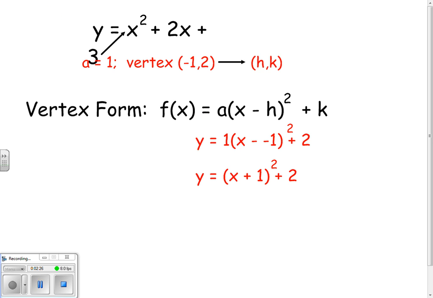So if we sub all of that information into vertex form, I put my 1 in for a, I put my negative 1 in for h, and my 2 in for k. Pretty up the minus and negative inside, and we get a vertex form that looks like that. So the standard form that we started with looks like that vertex form.